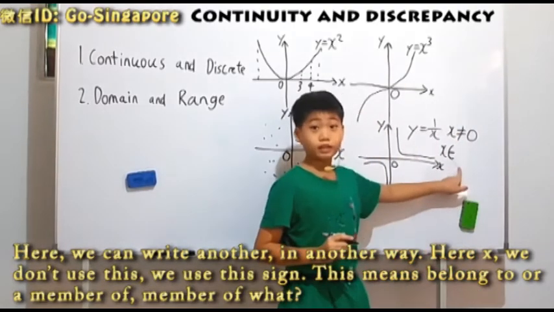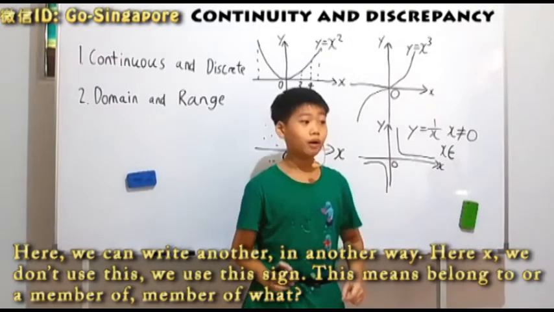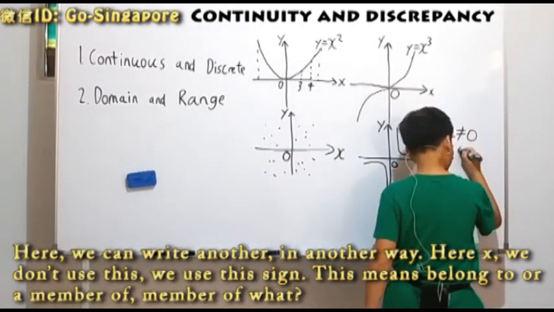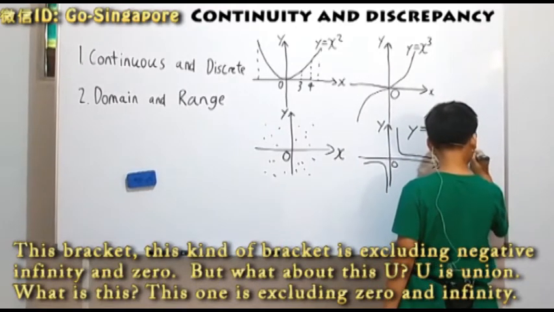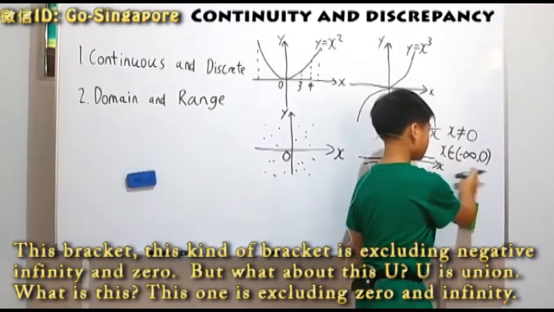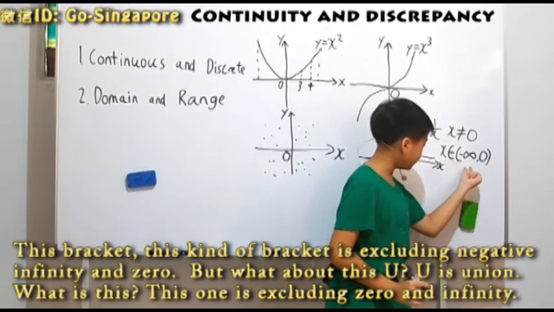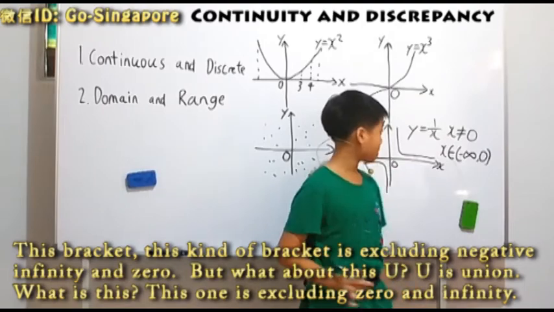We use this sign. This means belongs to or a member of. Member of what? This kind of bracket is excluding negative infinity and 0.